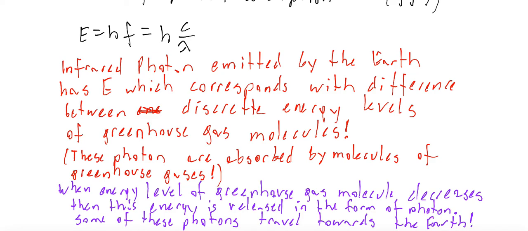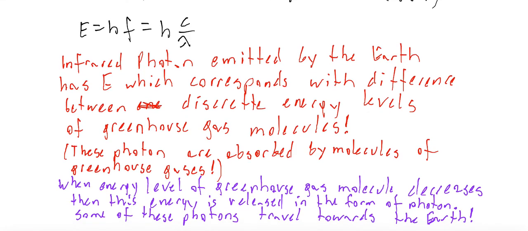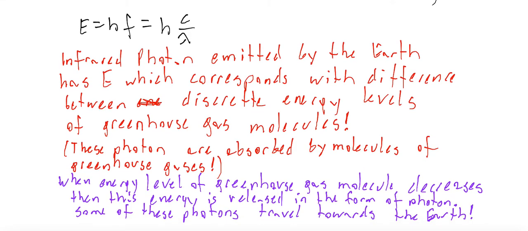Okay, so here we have quite precisely described the mechanism of photon absorption by greenhouse gas. All depends on the energy, which depends on the wavelength, and wavelength depends on the temperature of the source, and this is the key. Sun: short wavelengths, different energy.